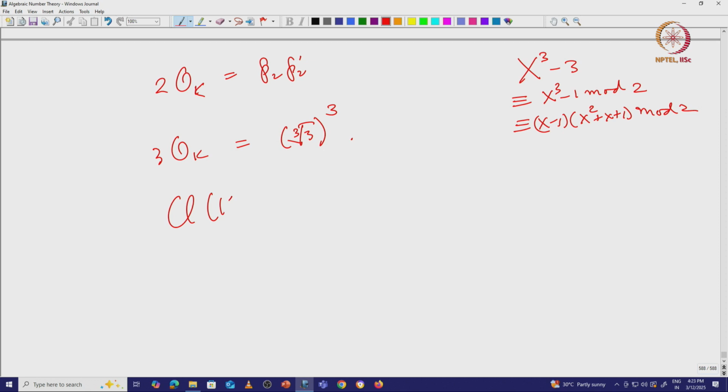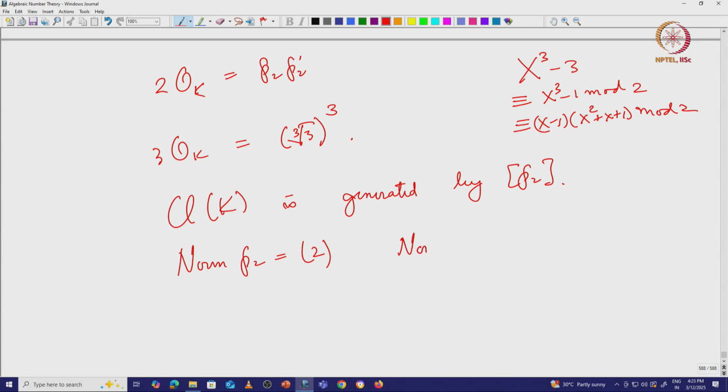So, the class group of K is generated by the class of P2. The class of P3 is of course trivial, and so I want to know whether P2 is principal. So, what is the norm of P2? The norm of P2 is the ideal generated by 2, and the norm of P2 prime is the ideal generated by 4.